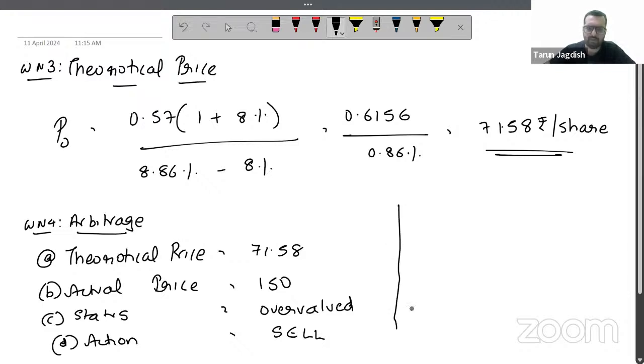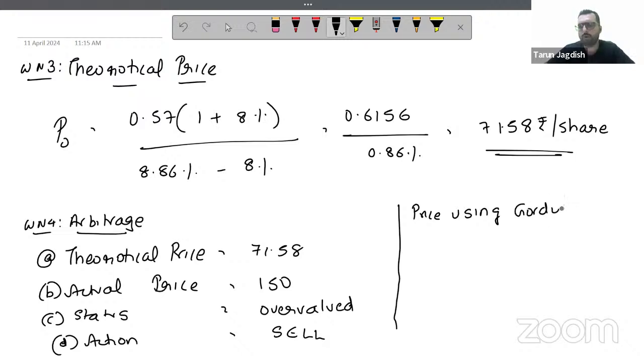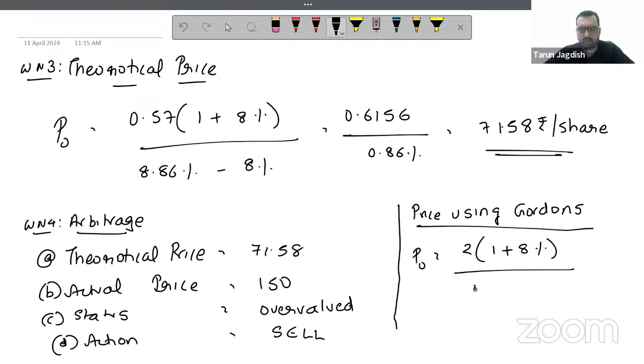Should we check that? We'll just check the price using Gordon's model. That will be P0 is equal to D1, that is 2 plus 8%, divided by 8.86% minus 8%. You get the answer as 251 rupees per share. So friends, using Gordon's model, you get 251. Using free cash flow, you get only 71, which is a better method, friends.